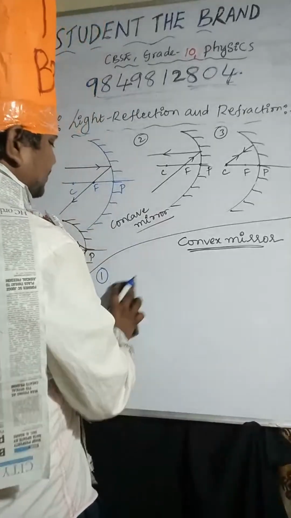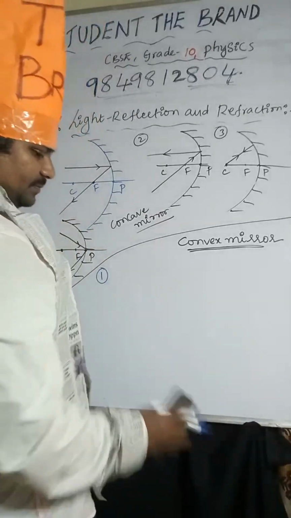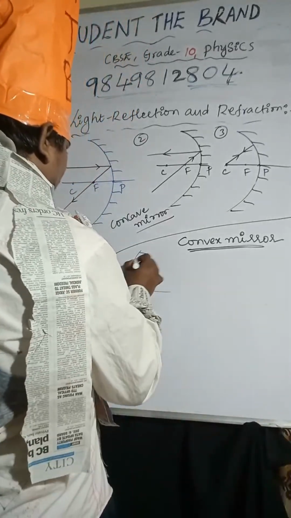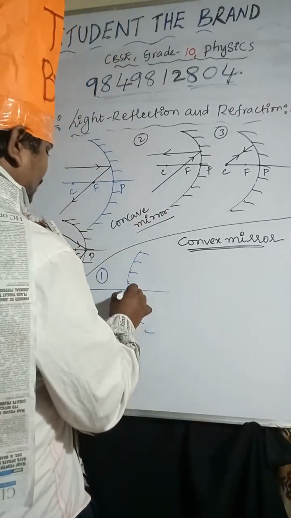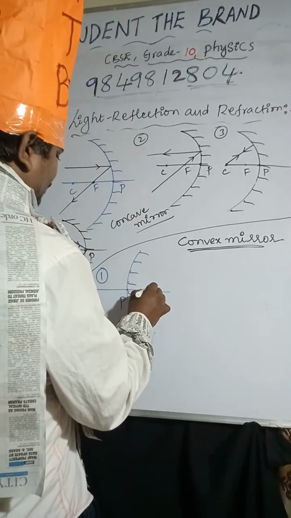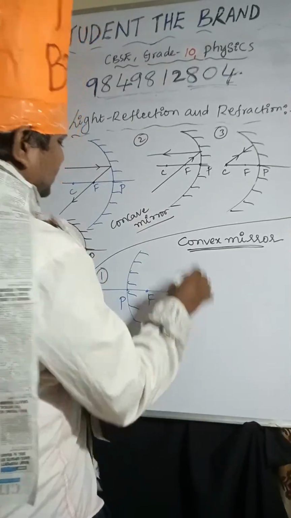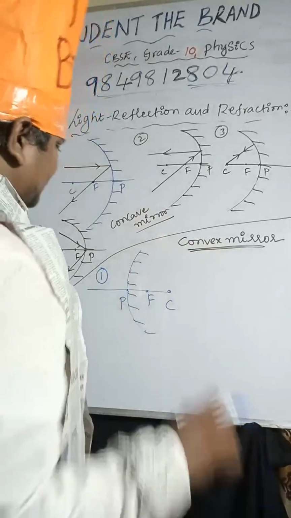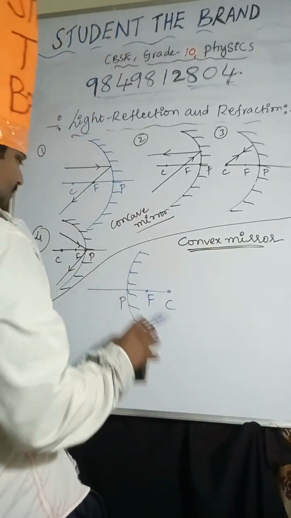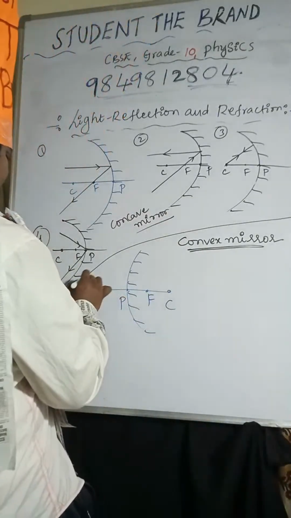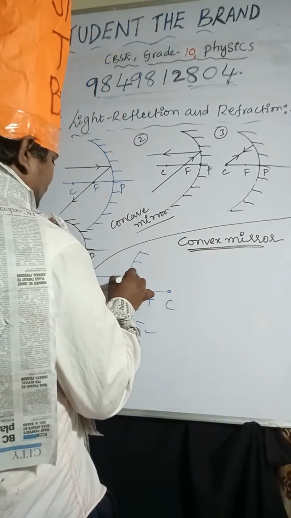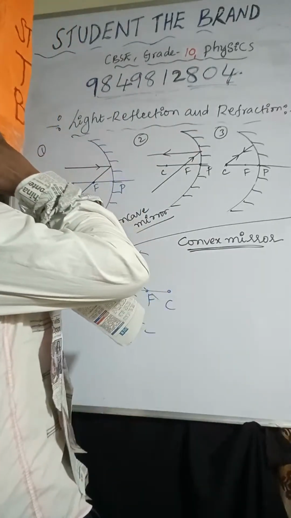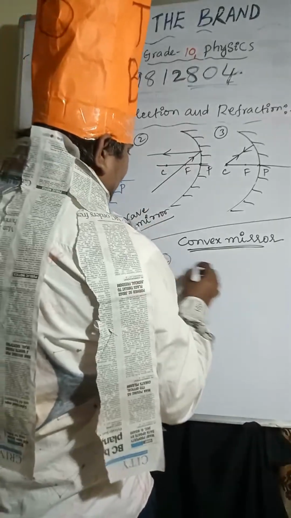Now we have to discuss the convex mirror, no? So pole, focus, center of curvature. Point number 1: light rays coming from infinity, after reflection, pass through the focus. So coming to the second one.